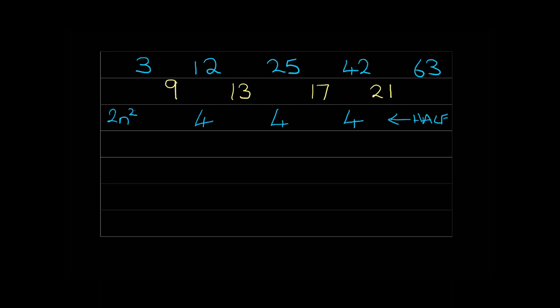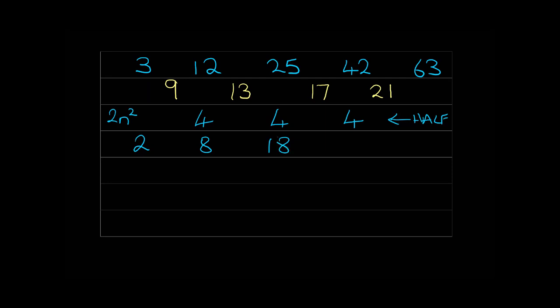So the next thing we need to do on the next line is actually work out what 2n squared is. So when n is 1, n squared is 1, so 2n squared is 2. When n is 2, n squared is 4, times 2 gives us 8. When n is 3, we get 3 times 3 is 9, times 2 is 18.